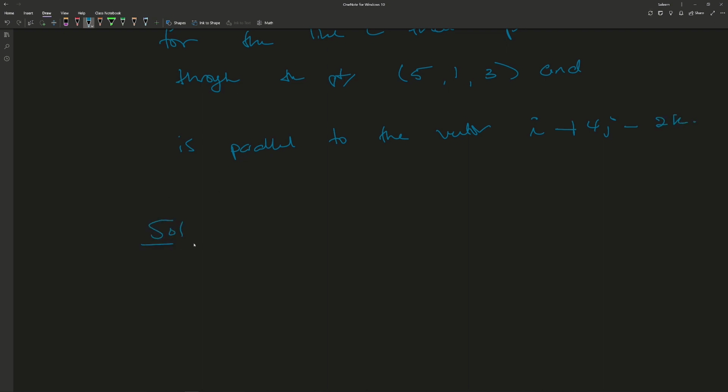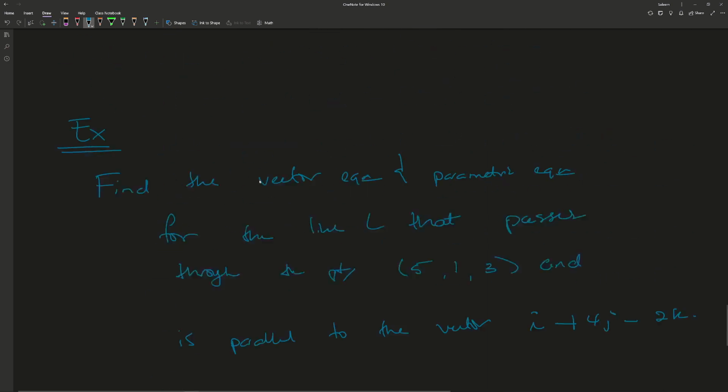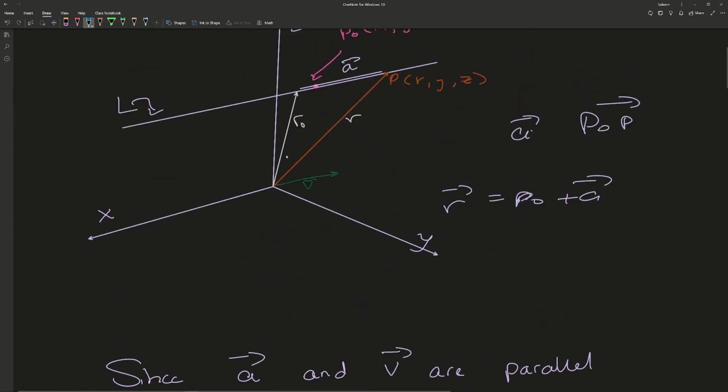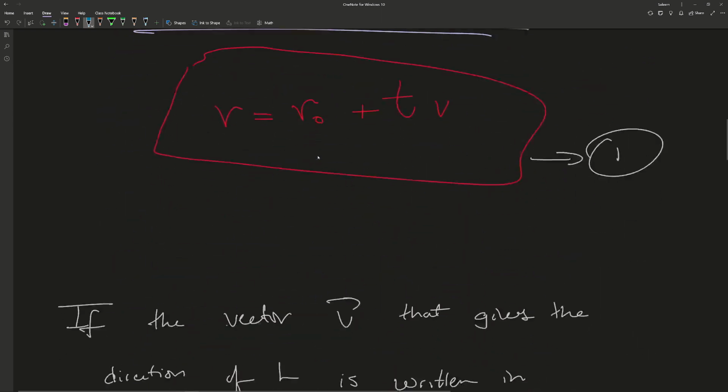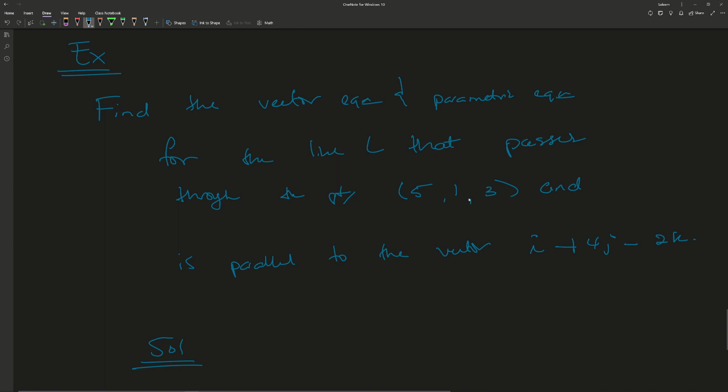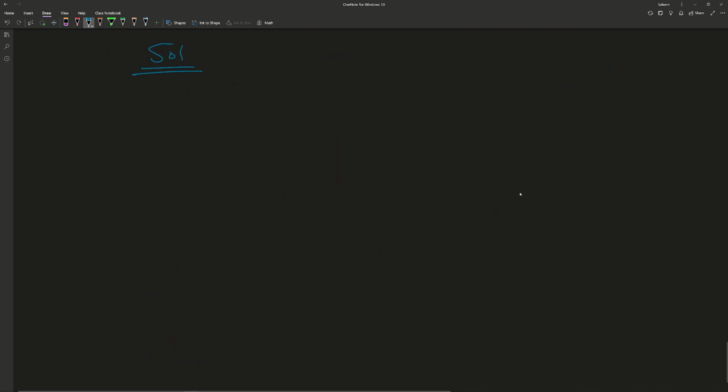Okay, so solution here. First thing first, what is r0? We need to find r0. Of course we need v as well, but we are given v, which is i plus some j, some k. We are given r0 already: it says it passes through the point (5, 1, 3). So r0 is 5, 1, 3.